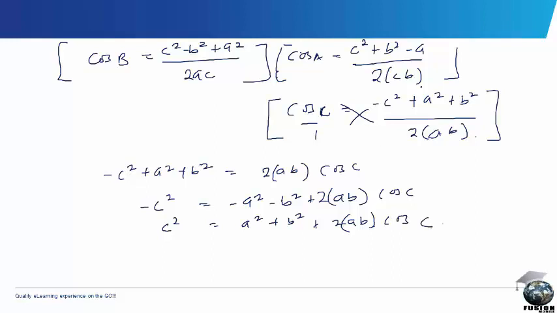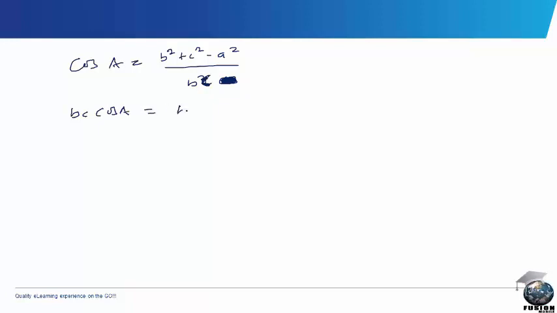All right, and the same thing happens to the first one. Assuming we are given cos A, using our formula, cos A would be equal to B squared plus C squared minus A squared, all over BC. We are only saying that the two sides that are positive will multiply, so that BC cos A will be equal to B squared plus C squared minus A squared.